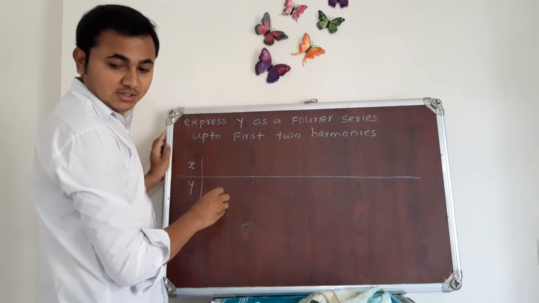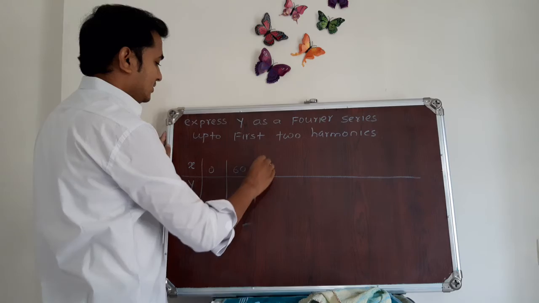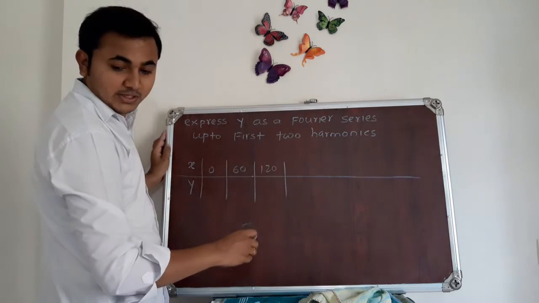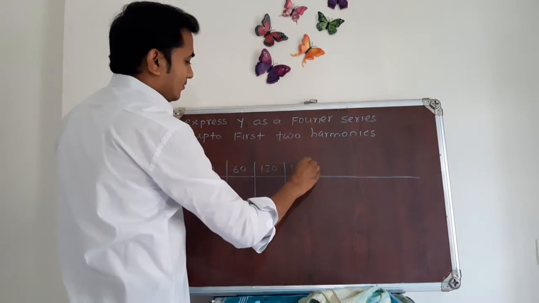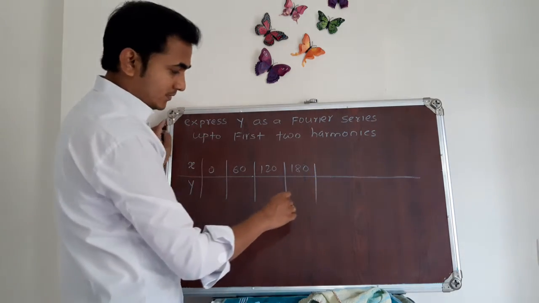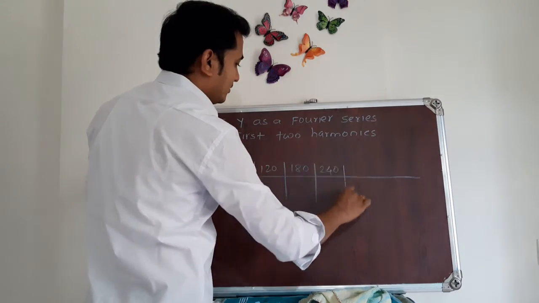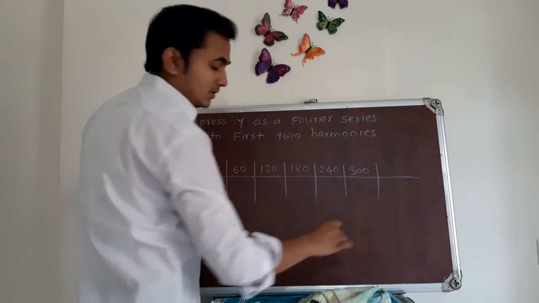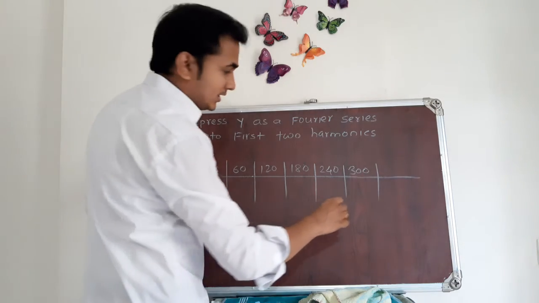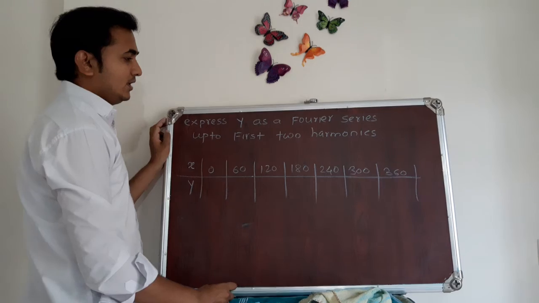X is 0, 60, 120, 180, 240, 300 and 360. Okay.